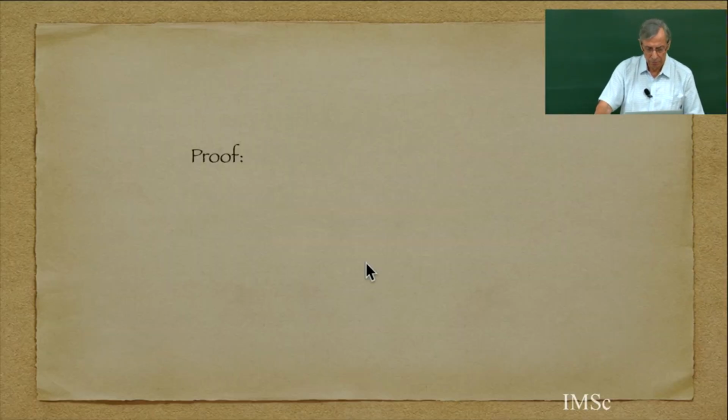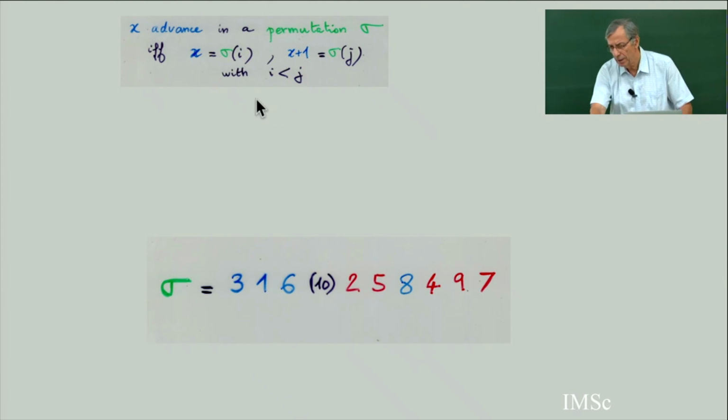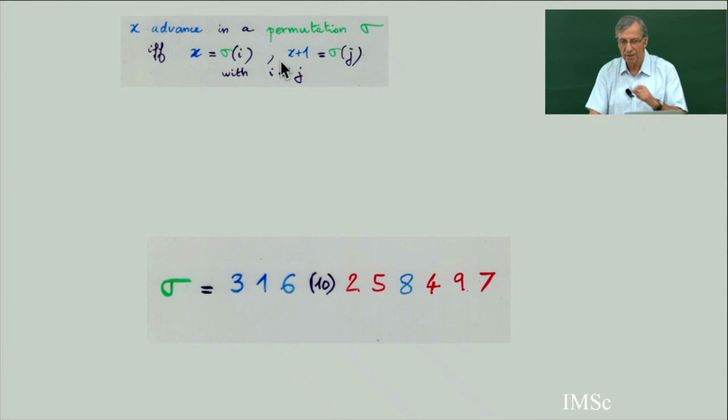So the proof of this theorem relies on this notion that I call an advance. An advance of a permutation means that, take any value x, which is x equals sigma i. Usually I say i is the index and x is the value. So an advance means x plus 1 is at the right of x in the permutation.